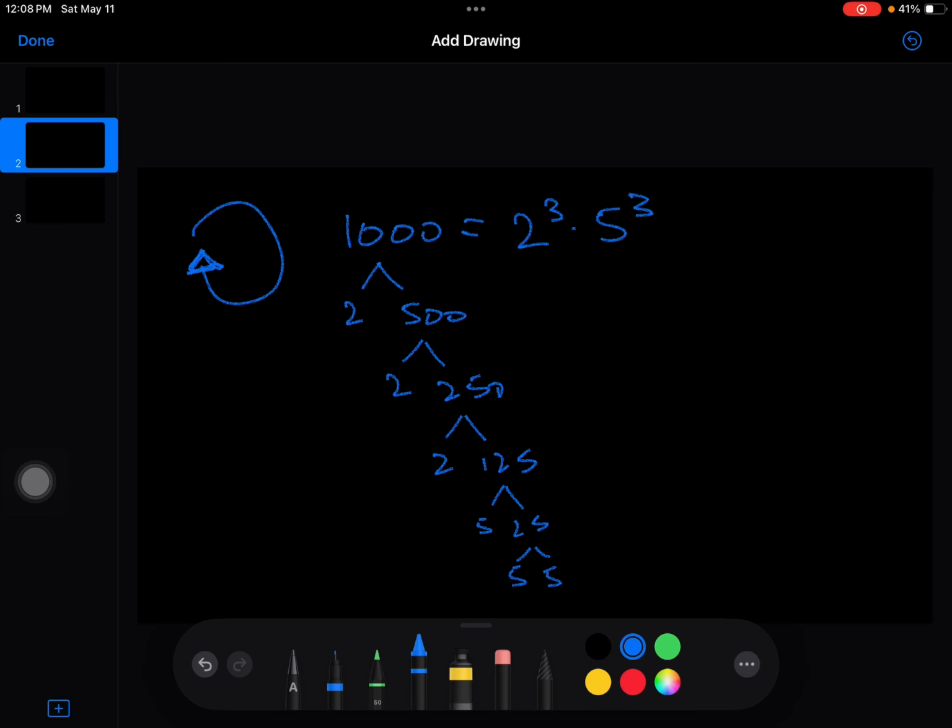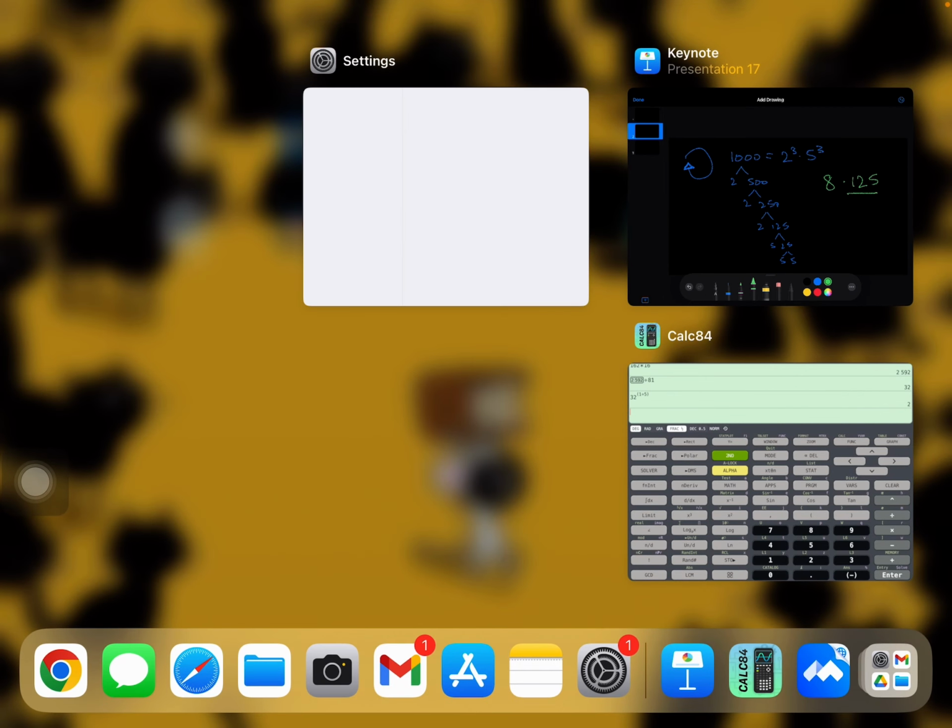And conveniently, I said that we wanted to break it down into a bunch of packets of 8 bits each. 8 times 125, or 5 cubed, is equal to 1,000. So if we had 1,000 bits and we wanted to break it down into bite-sized pieces and send it out in so many files, then that number of files or that number of packets would be 125.